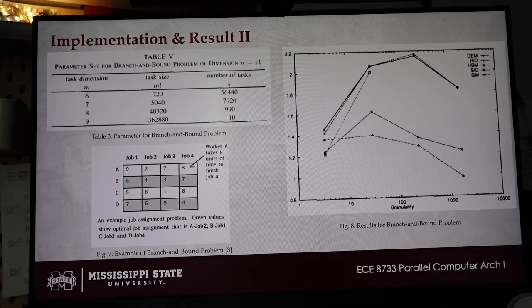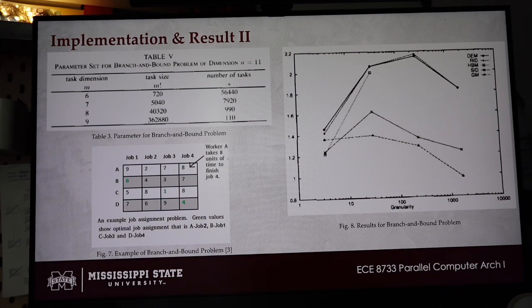This slide shows the parameter setup for the real problem, which is the branch and bound problem, and also shows the result of the branch and bound problem. In a simple way, for different workers A, B, C, D, they have done jobs 1, 2, 3, 4, and they spend some hours to finish jobs 1, 2, 3, 4.